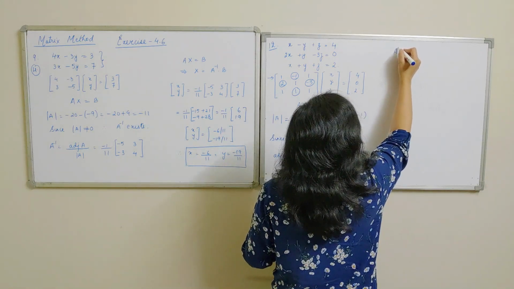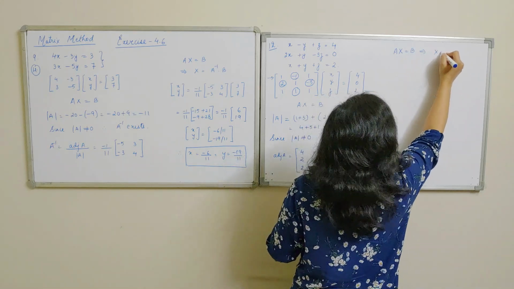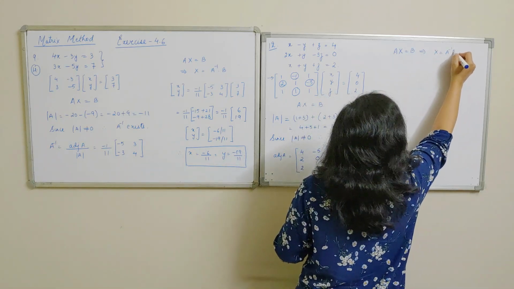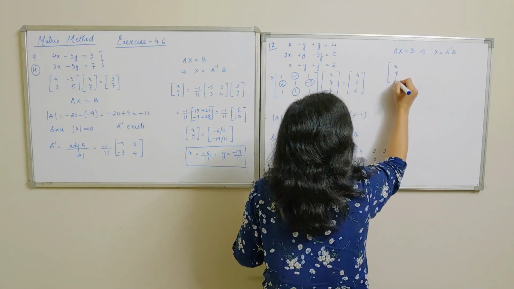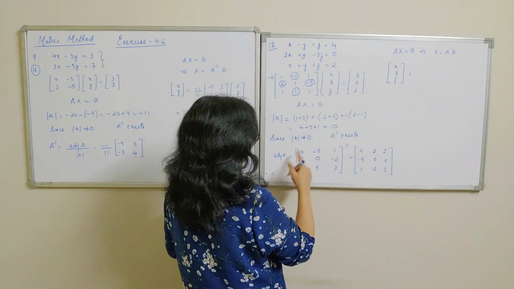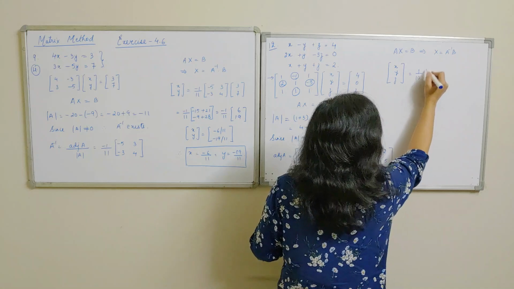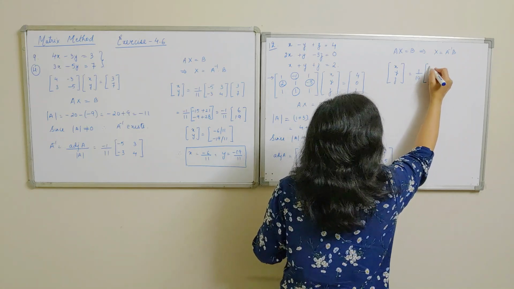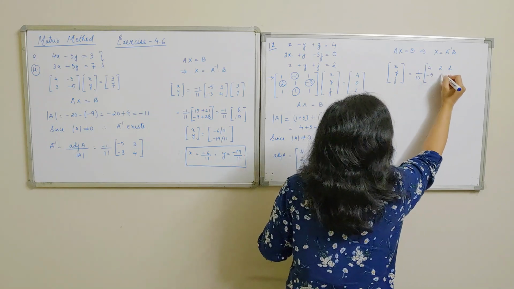The equation is this, which implies that X is A inverse into B. So the matrix equation is XYZ. Here again, the inverse we know is adjoint upon determinant A. So the determinant is 1 by 10 into the adjoint, which is this.